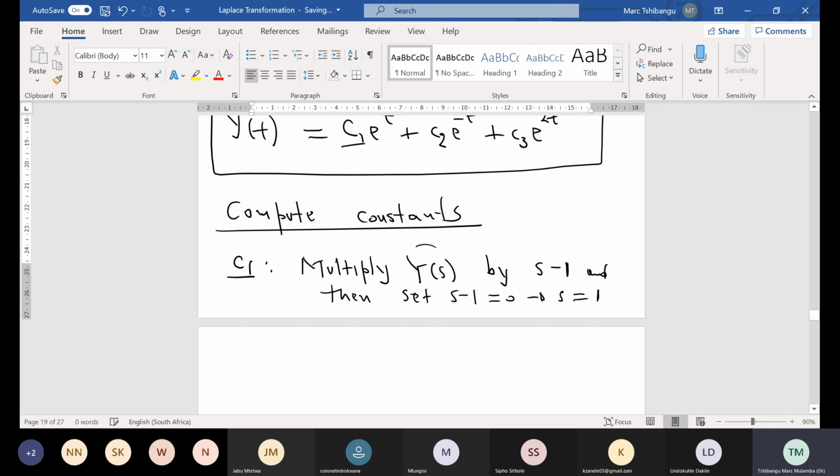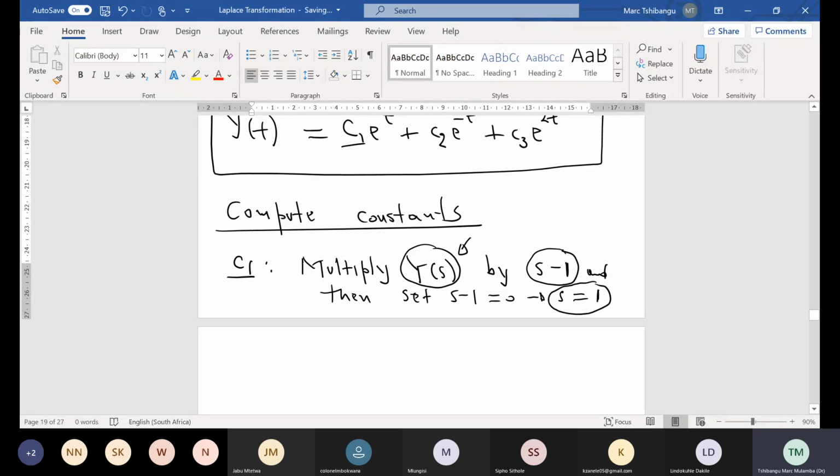So you multiply Y of s by s minus 1. After the multiplication, ensure to cancel any terms that can be cancelled. Thereafter, substitute s by 1. Do not do both at the same time. You're going to get yourself into trouble. So which Y of s to use? I'm going to show you.